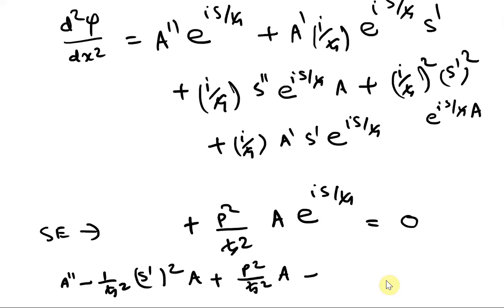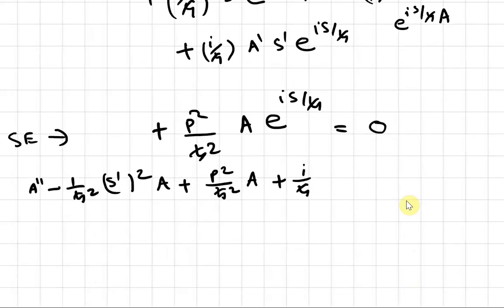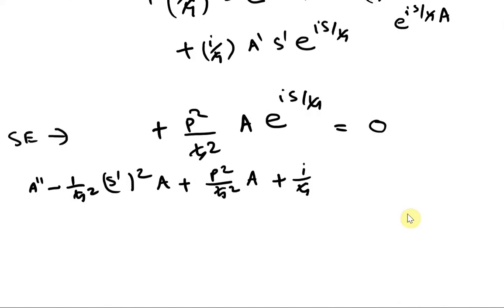So these are the real terms identified, and imaginary terms all are having i by h cross. So I'll take that common outside. And what else is there?